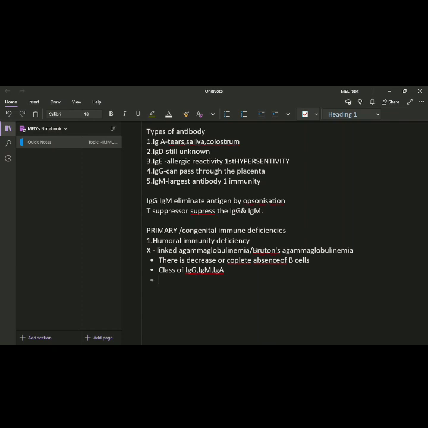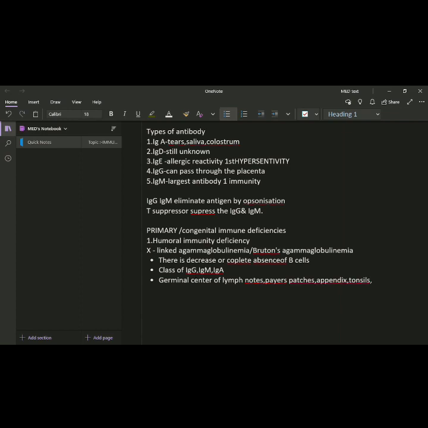One more clinical feature here is that the germinal centers of lymph nodes, Peyer's patches, appendix, tonsils are underdeveloped.